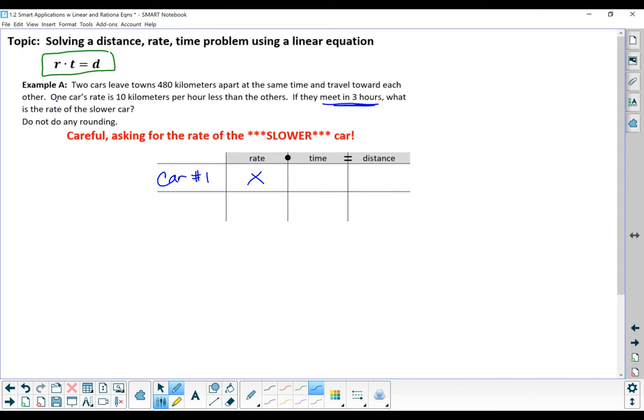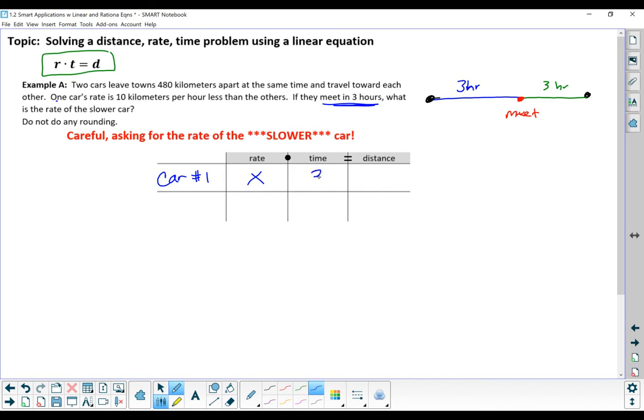Both of the cars are driving for 3 hours. So our situation is that we've got a city over here and a city over here. The cars are driving towards each other, and after 3 hours, they meet. So the first car drives for 3 hours, and the second car also drives for 3 hours. They don't cover the same amount of distance, though, because they're not going the same speed.